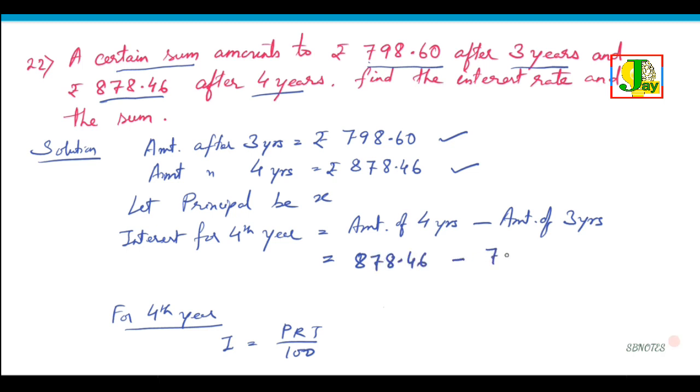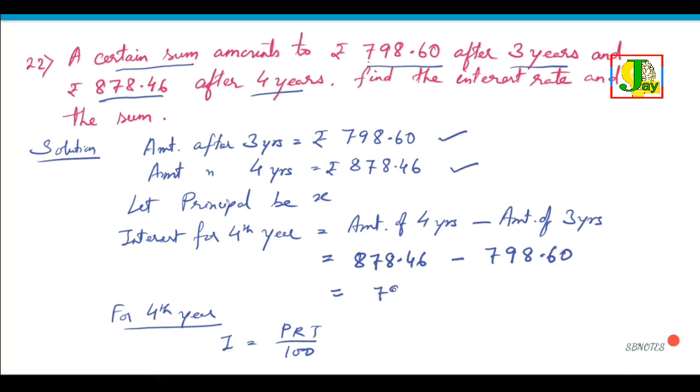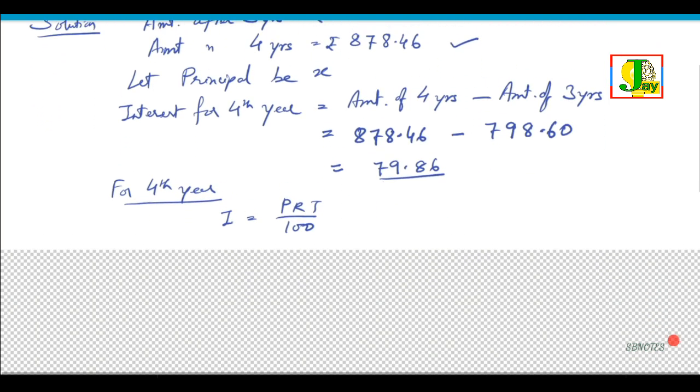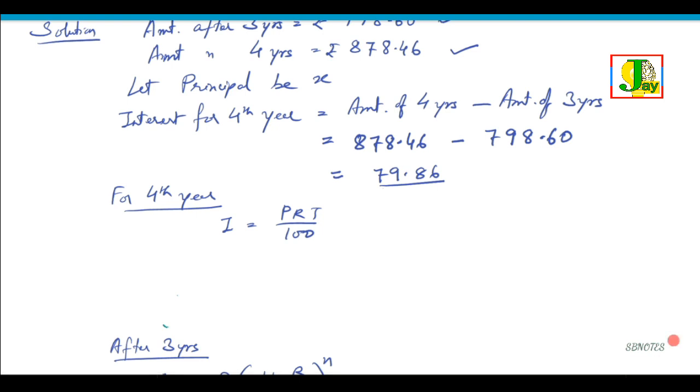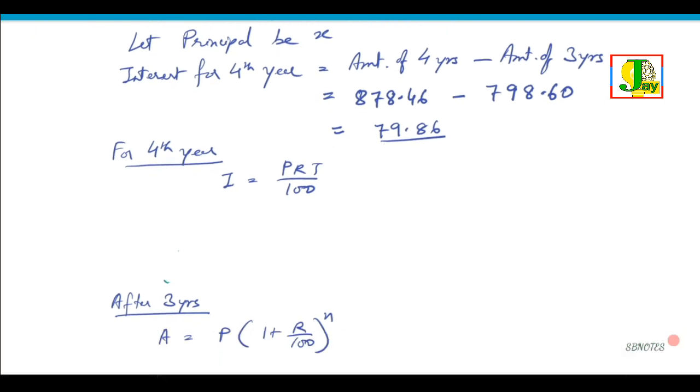So we'll get the interest for the fourth year: 878.46 minus 798.60, that's 79.86. Now, as we have learned in the first exercise, compound interest is actually repeated simple interest.